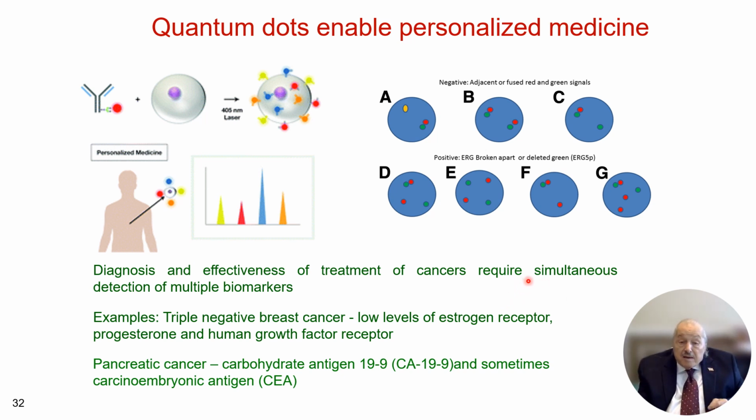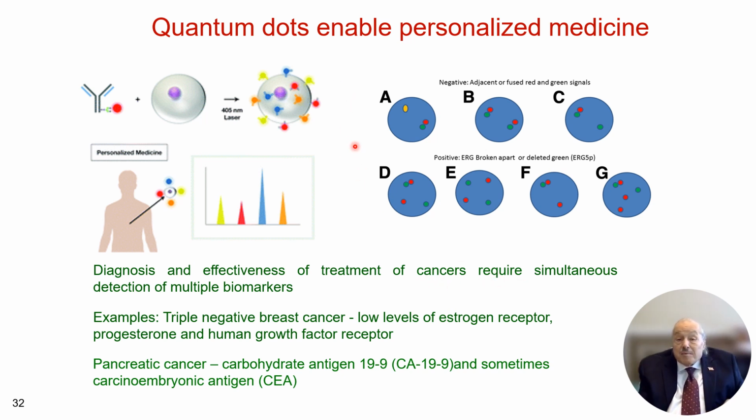The reason that the absorption at all wavelengths was interesting is because it had immediate applications for biomedical applications. Because if you wanted to do a multiplex assay and detect more than one type of antigen at a time, you would typically, if you were using cyanine dyes, have to have a laser or a light source for each one of the absorption maxima of the cyanine dyes.